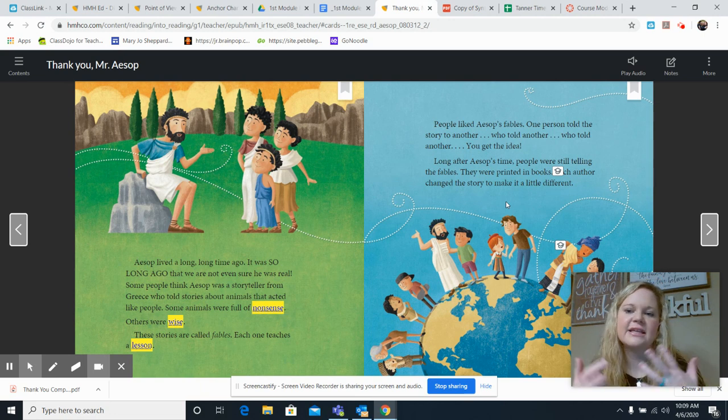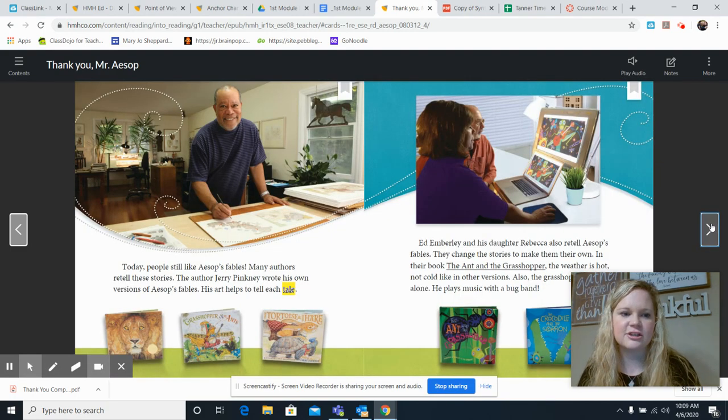The authors would make the story a little bit different each time that they read or told the story. And at first, how did people know these stories? One person tells another, tells another, right? And how do people learn Aesop's fables now? So sometimes we see them printed in books, right? It says that on the page too, that they were printed in books. Let's go to the next page.